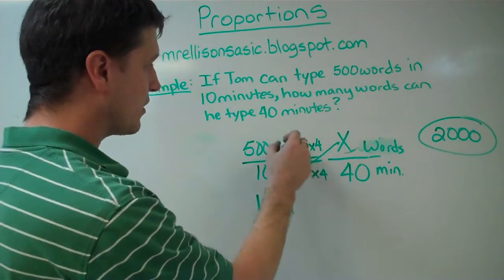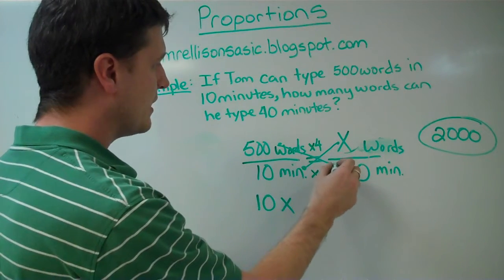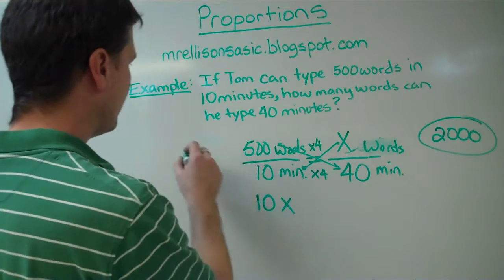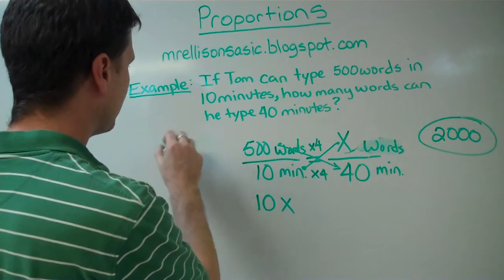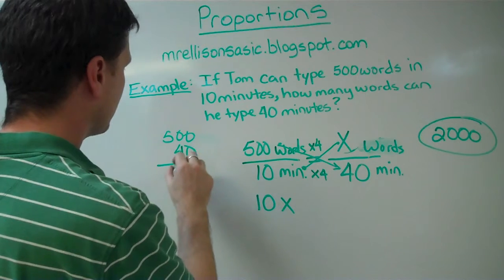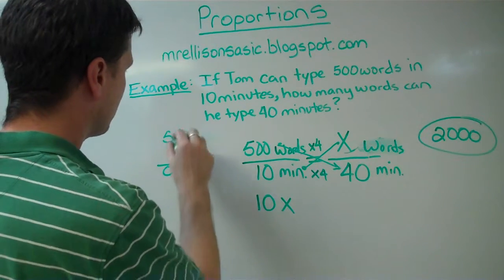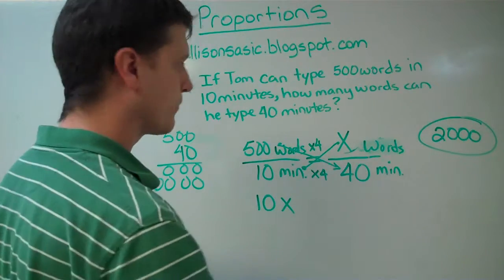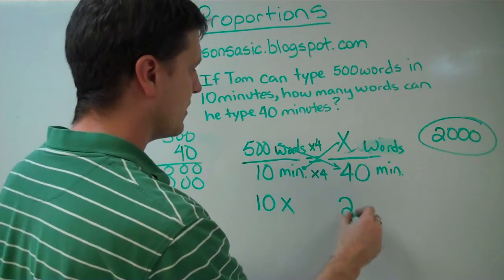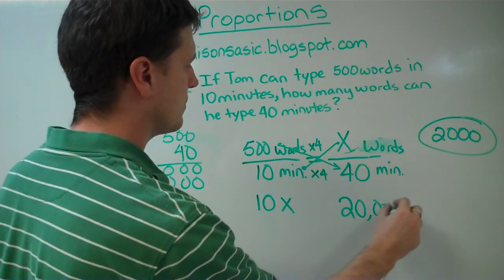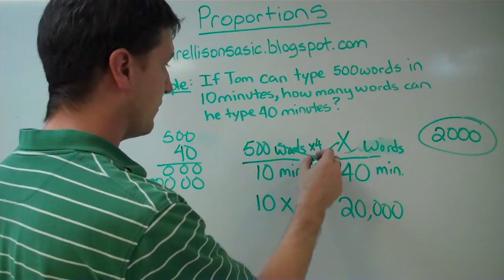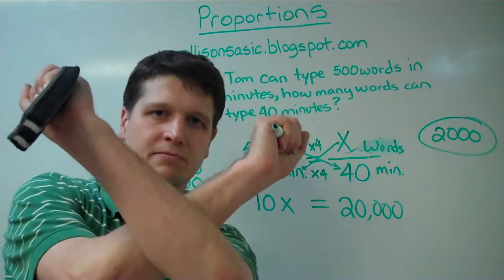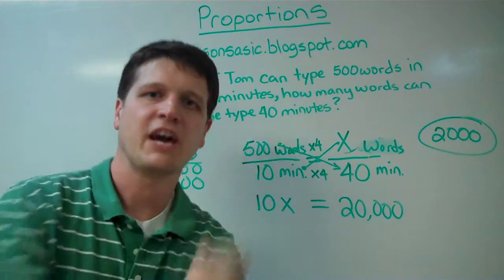And now we're going to start at the top here and cross over and multiply 500 times 40, which gives me 20,000. Now we bring down our equal sign and we've done our cross, and see, it makes a cross. That's why they call it cross multiplication.